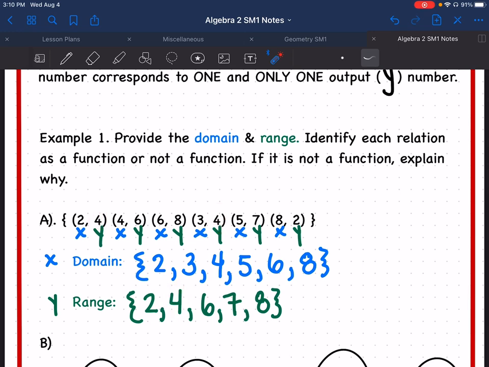All right, is this a function? To know that it's a function, you just cannot have your x value repeat. So what I'm going to do is I'm going to count my ordered pairs, 1, 2, 3, 4, 5, 6, and I'm going to count my numbers in my domain.